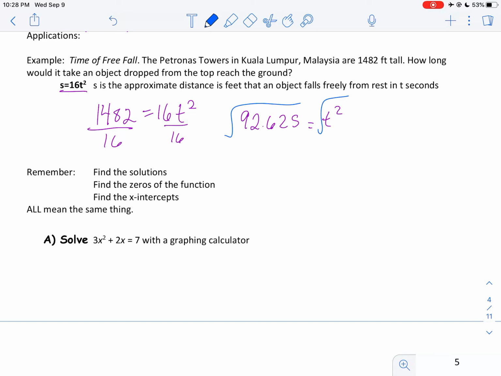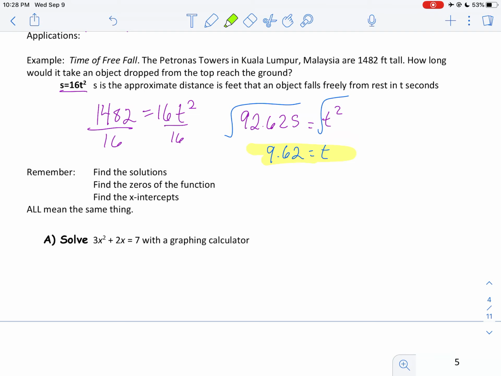The square root of 92.625 is 9.62. Now, you'll notice I left the negative off. It doesn't make any sense to have a negative time here. So my final answer here is 9.62 seconds.